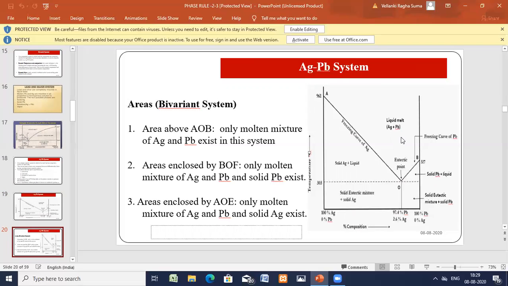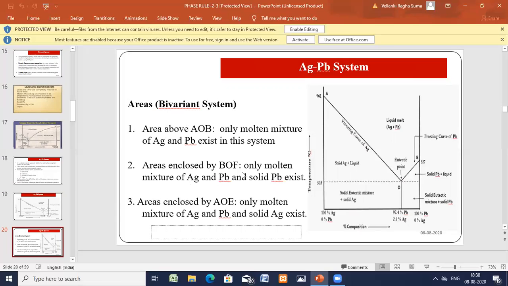F is 2 minus 1 plus 1, which is 2. So F is 2, a bivariant system. The area is bivariant. Now we'll take one more area.